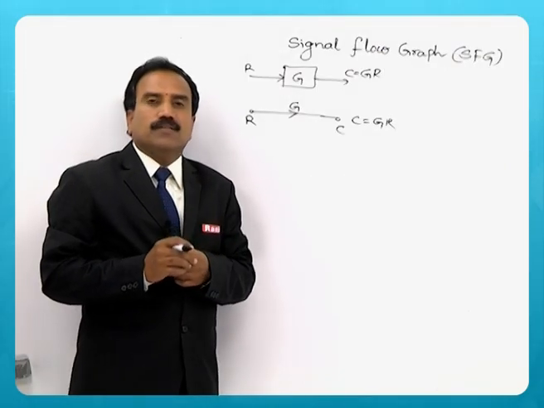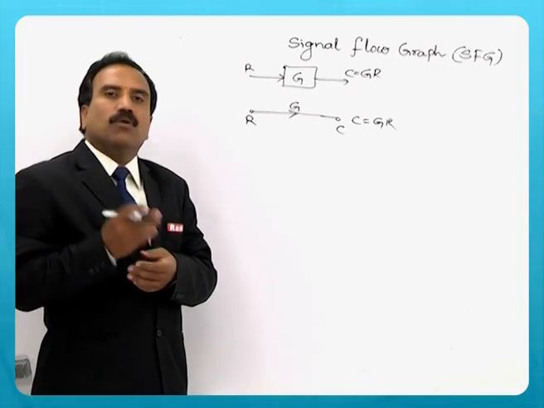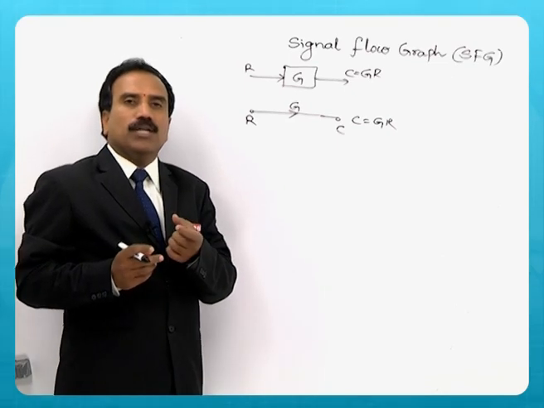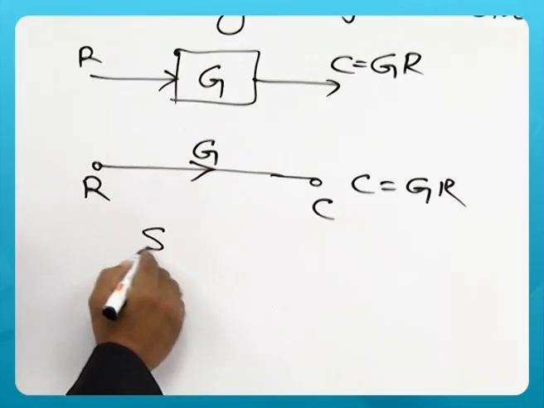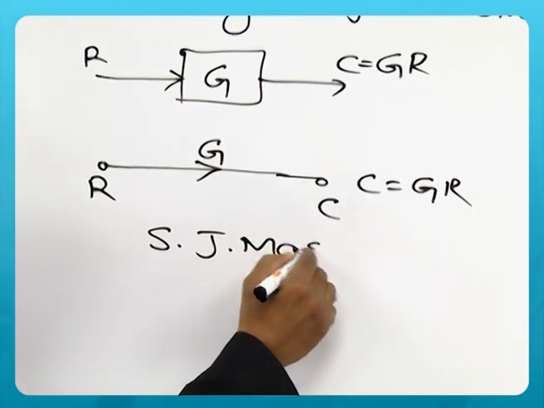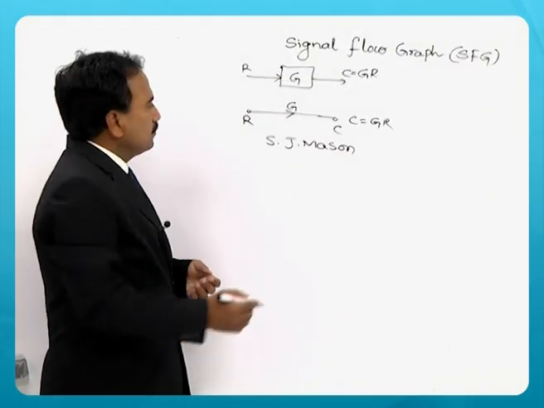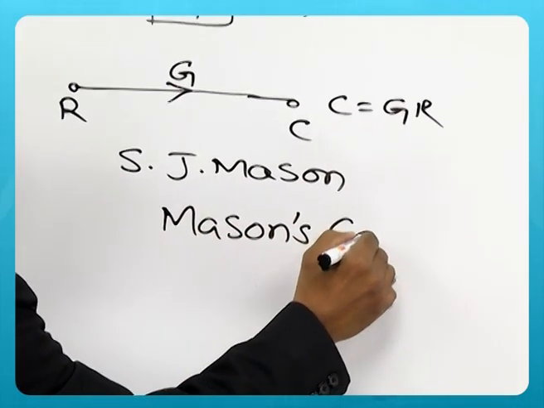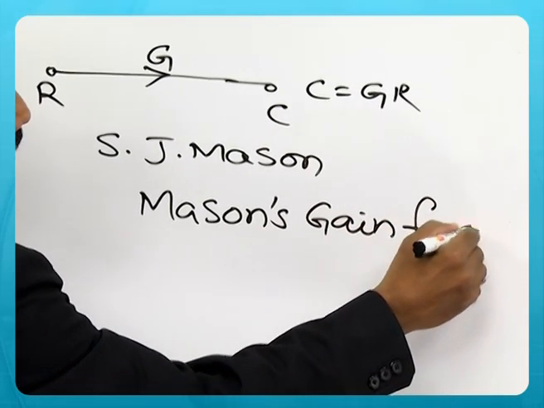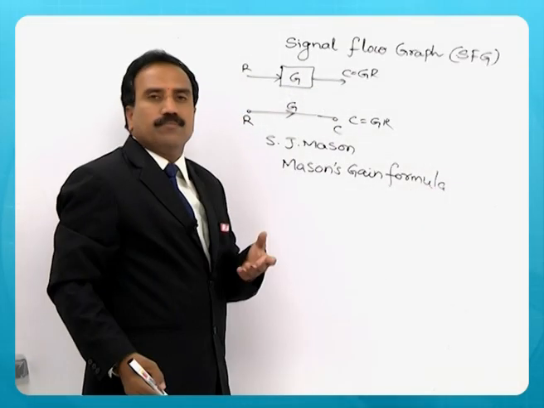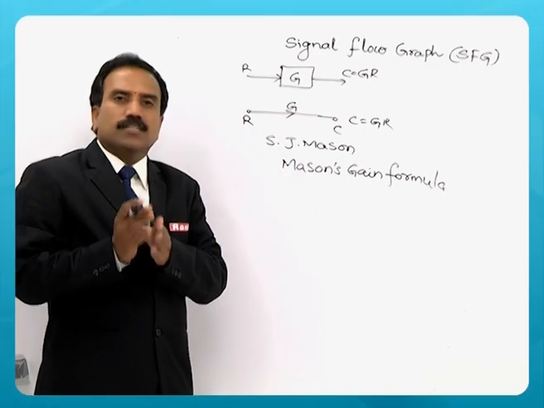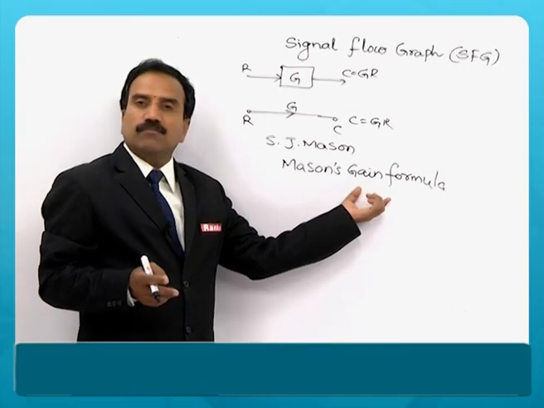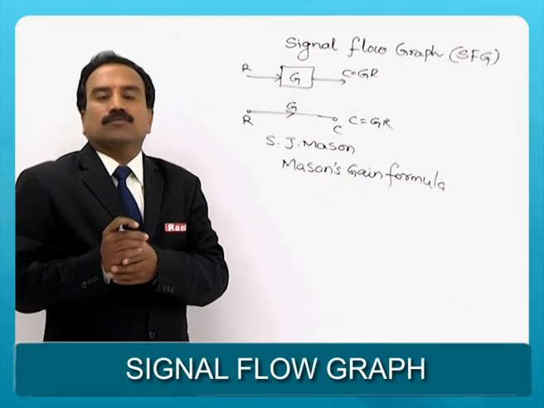But the advantage of this signal flow graph is there are no rules to find out the overall transfer function of the system, but there is a formula invented by S.J. Mason, and it is known as Mason's gain formula. So you need to get some parameters which we are going to define now, substitute in the Mason's gain formula to get the overall transfer function.